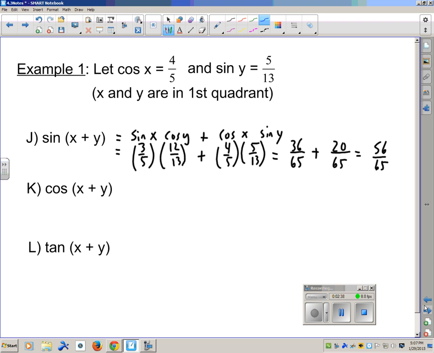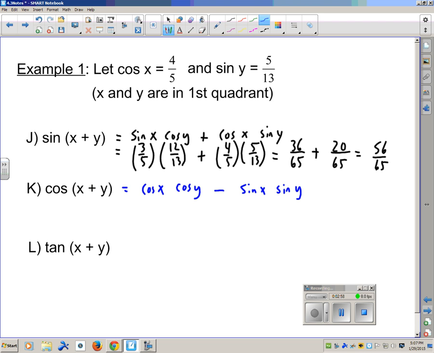Again, follow the formula on your identity sheet. This does not mean cosine x plus cosine y. This means cosine x times the cosine of y minus the sine of x times the sine of y. Okay, there's no distribution stuff going on in this.